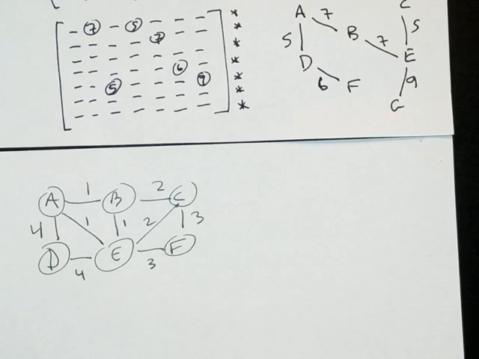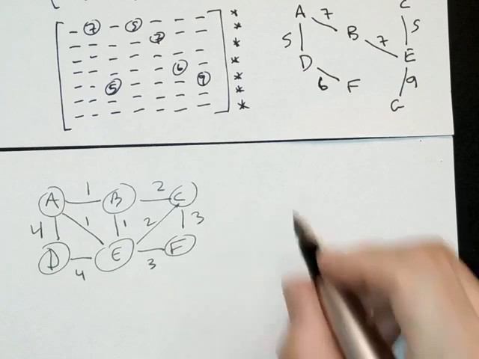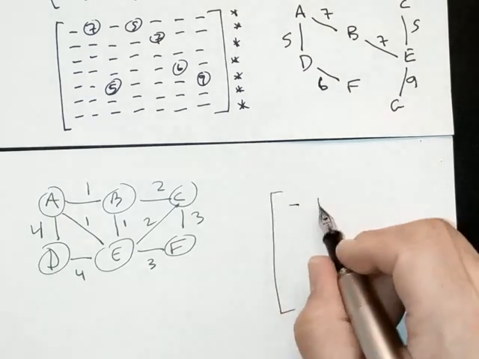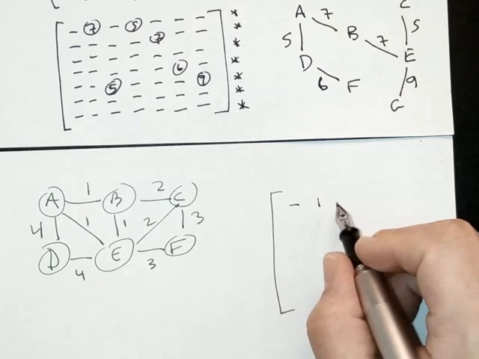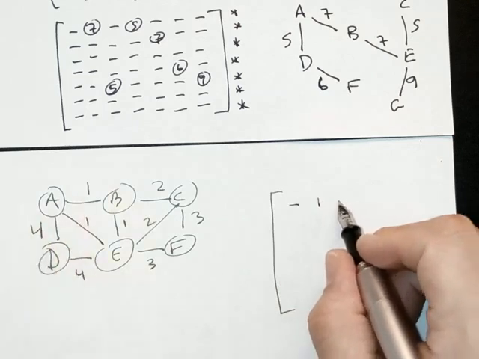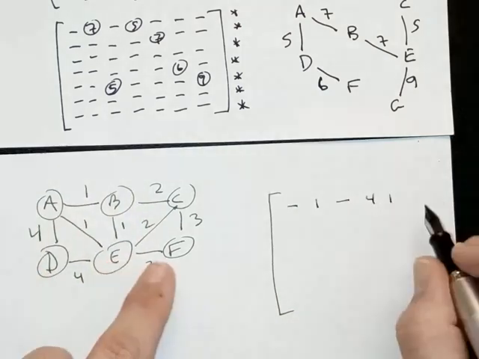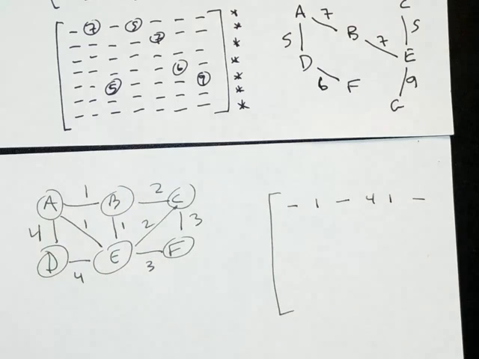So let's start with a 6x6 matrix. And instead of using infinities, I'll use a null, a dash. You could use any symbol you want to say you can't get there from here.